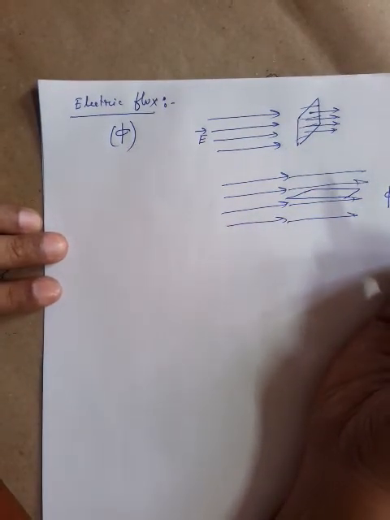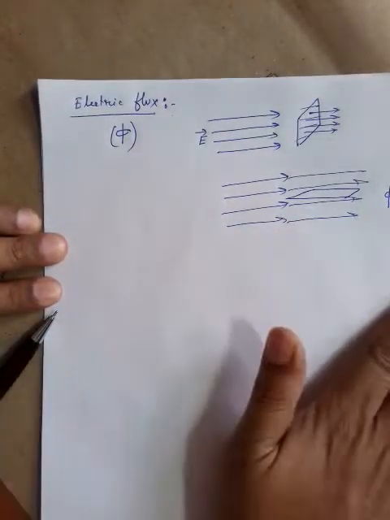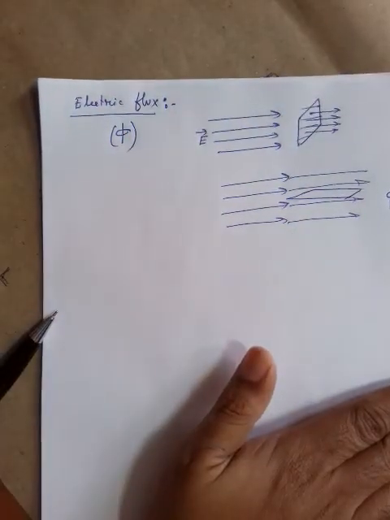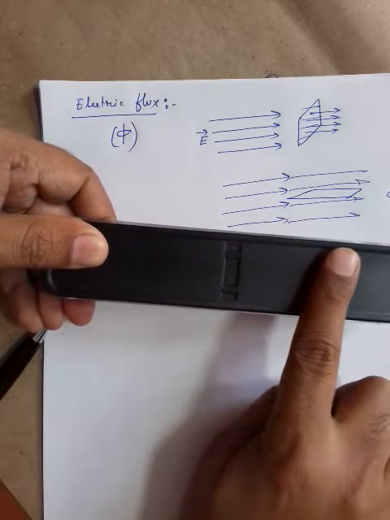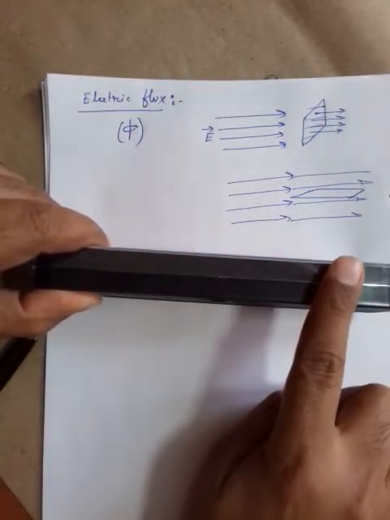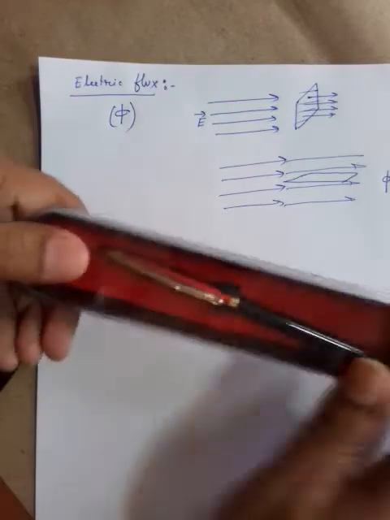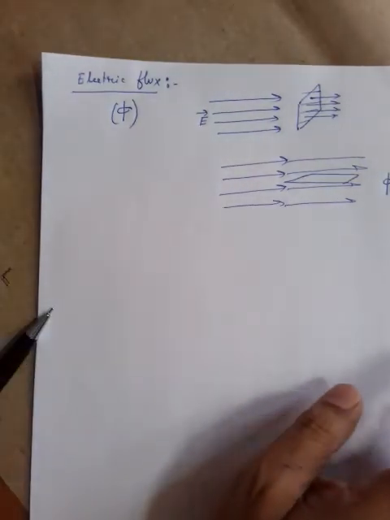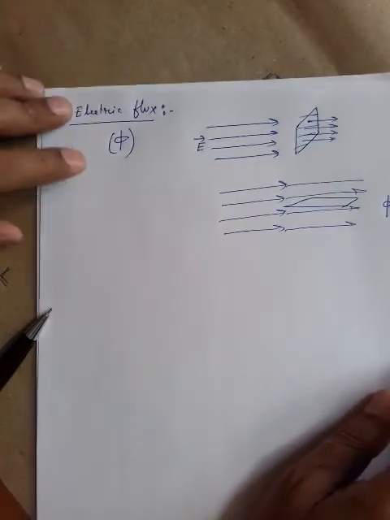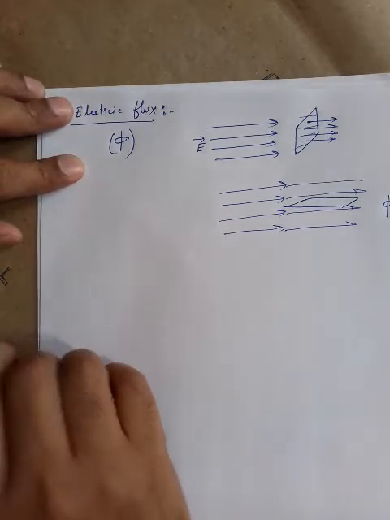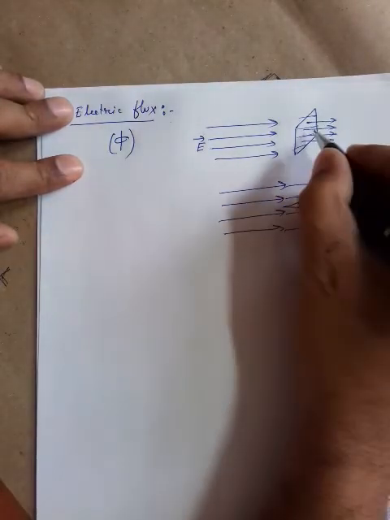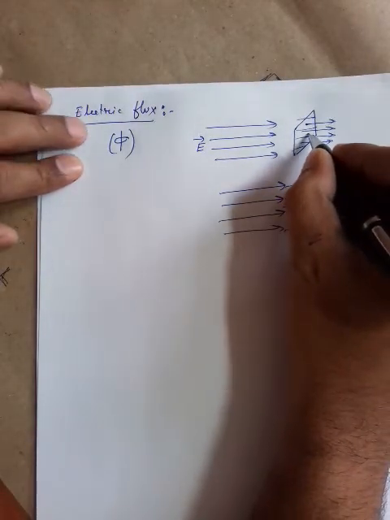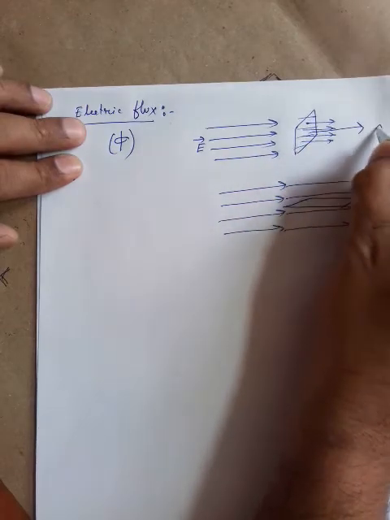If you consider one object like this, then this is the surface, or maybe this is the surface, or maybe this is the surface. In different surfaces, how to get the surface as a vector quantity, this is important. That surface is a vector quantity, and that surface should always be in the outside direction.